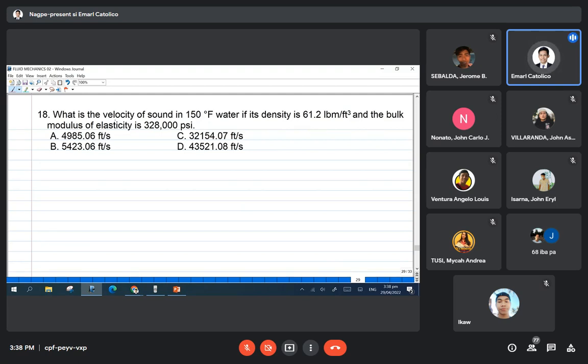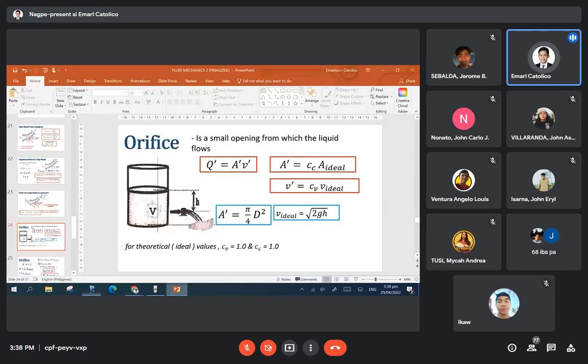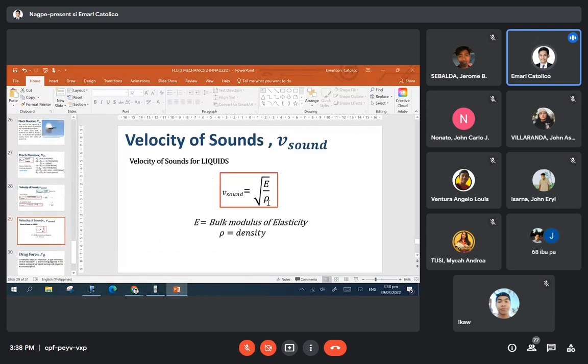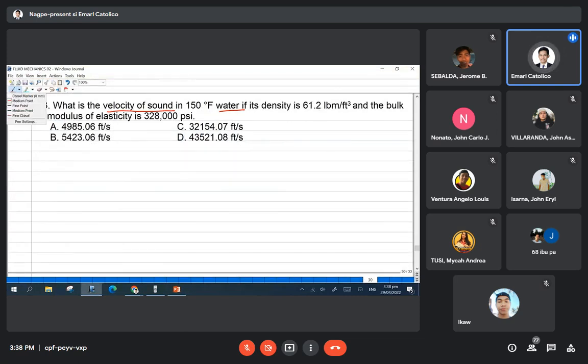So velocity of sound ng water. No, formula natin is square root of E over density. So kahit hindi ko na isulat yung given, ano, square root of E over density.